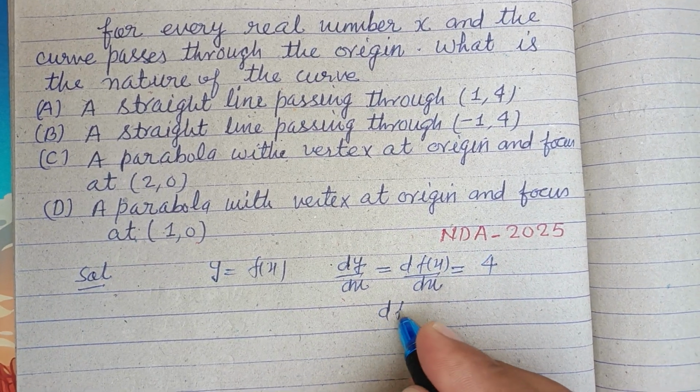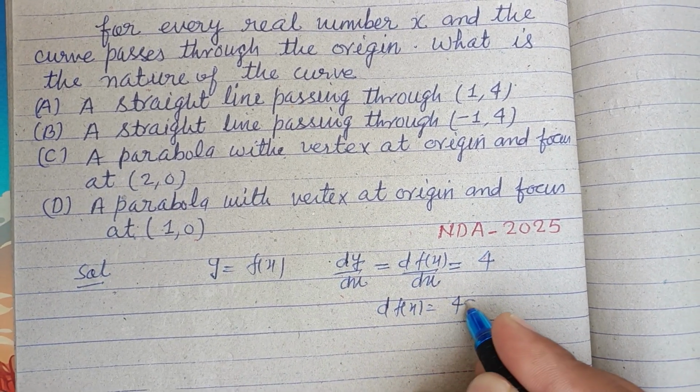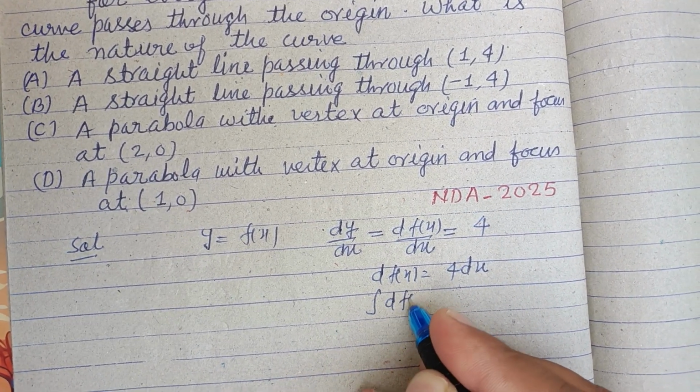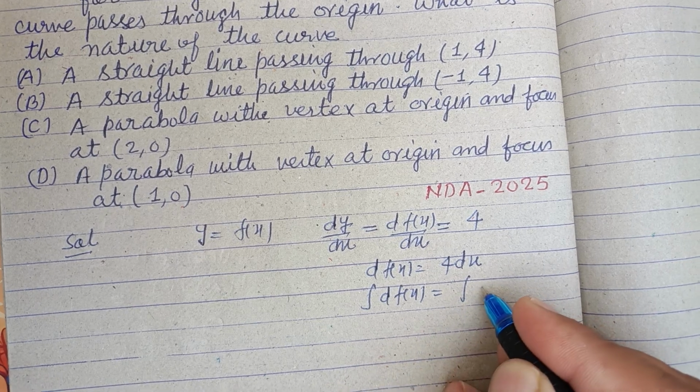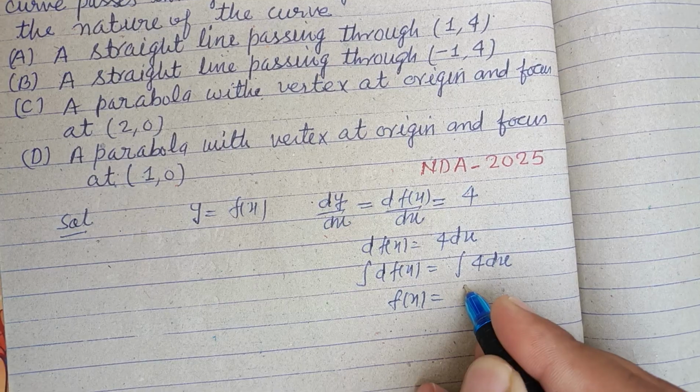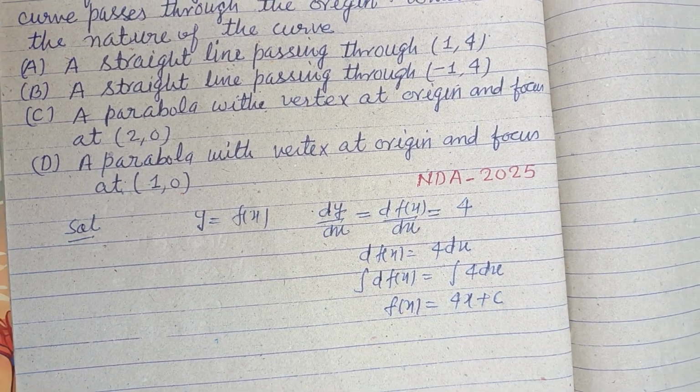So here d f(x) equal to 4 dx. Now integrating both sides, integration d f(x) equal to integration 4 dx. So this is f(x) equal to 4x plus c.